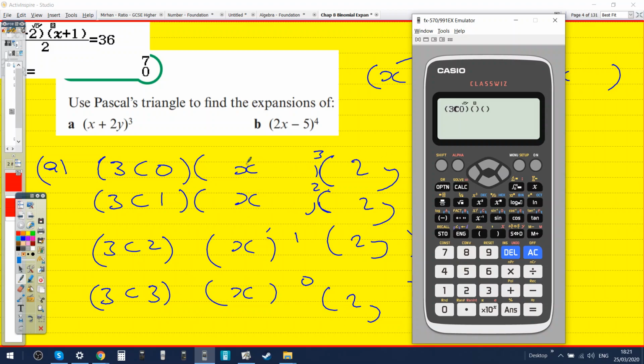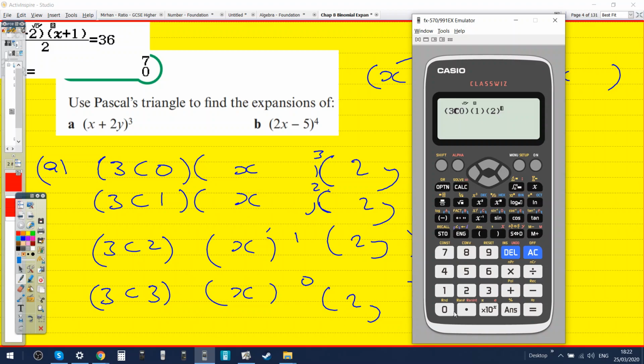Oh, sorry, x, you just put the coefficient of x. So in this case, we'll just do 1. And we can't do y, so we will do 2, just the coefficient of y.